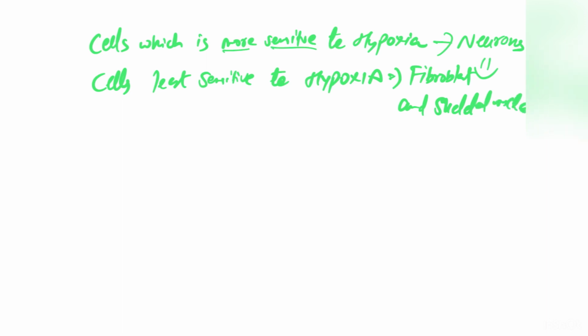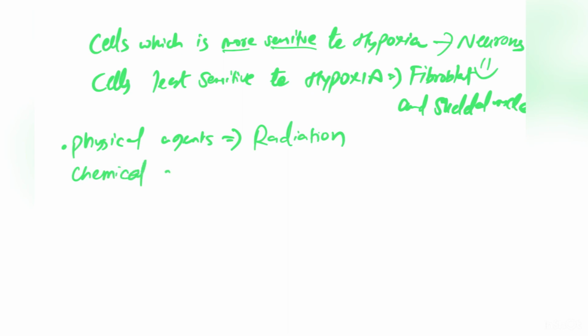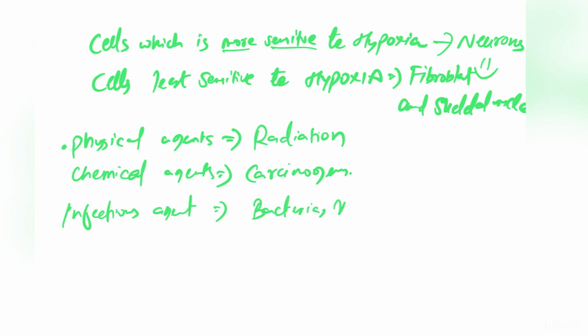Other than hypoxia and ischemia, there are also other causes of cell injury, like physical agents such as radiation, chemical agents such as carcinogens, infectious agents such as bacteria, viruses, and genetic abnormalities such as mutation.